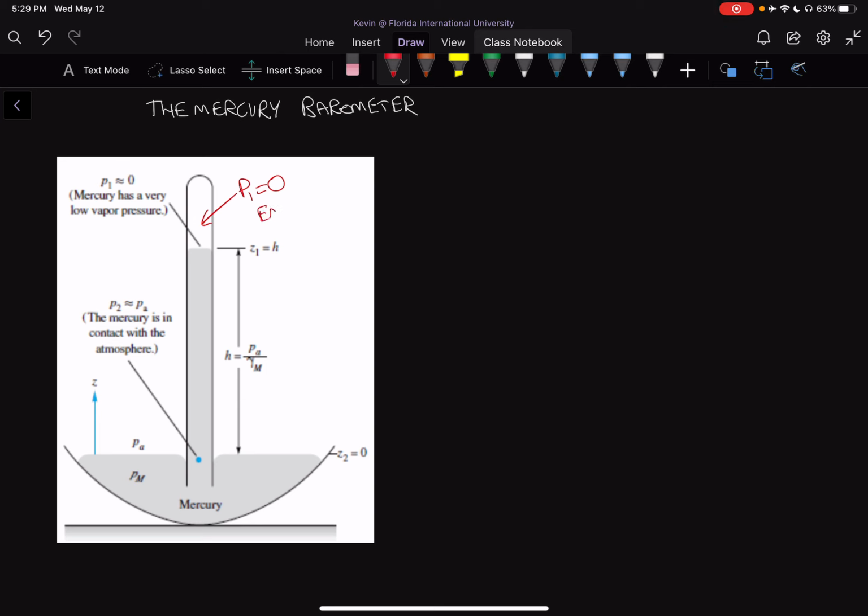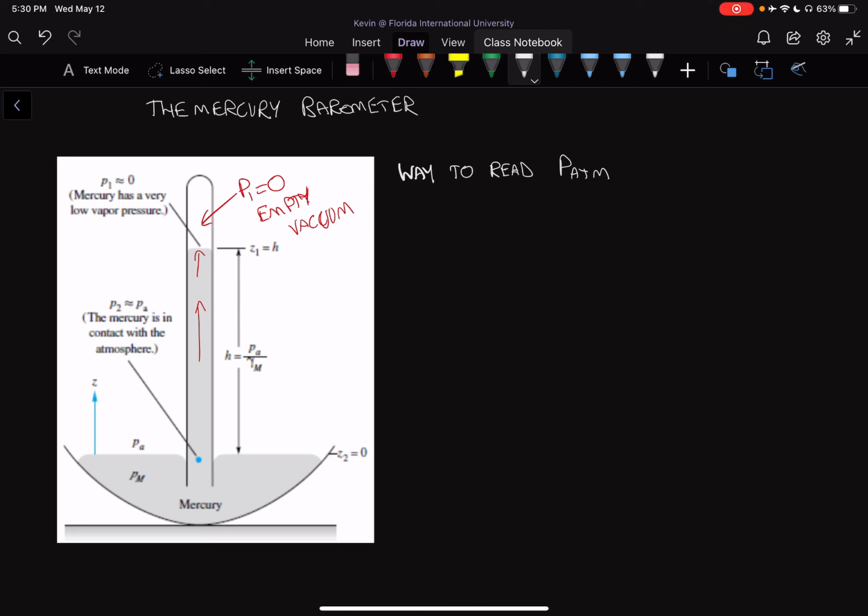So it's essentially empty, as if it was a vacuum. By creating a vacuum in here, we get some suction for the mercury, and the mercury is going to reach a certain level. The level the mercury reaches allows us to read the atmospheric pressure for the specific day.